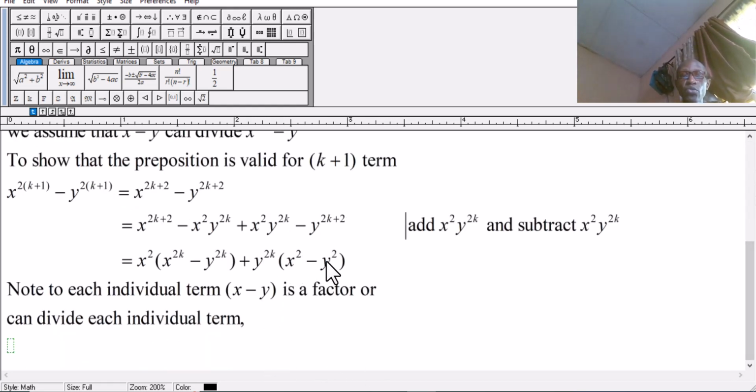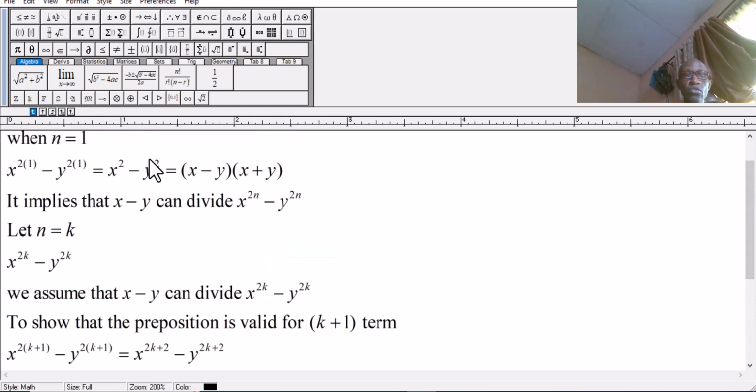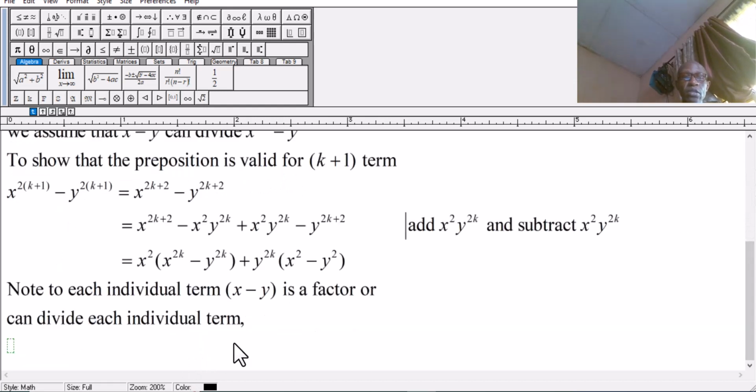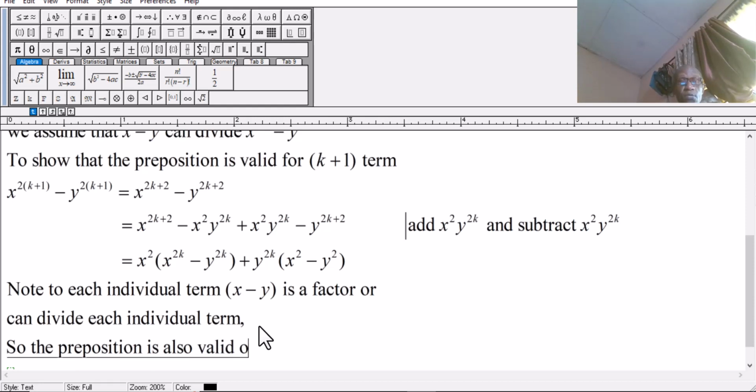Then x squared minus y squared, we have already shown also that x minus y is a factor of that. So we can see that from here. So we have been able to show that the proposition is also valid for k plus 1.